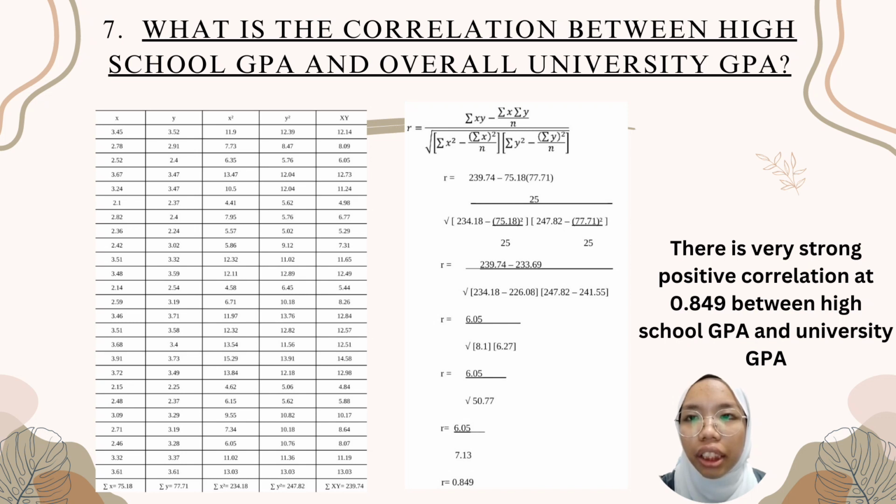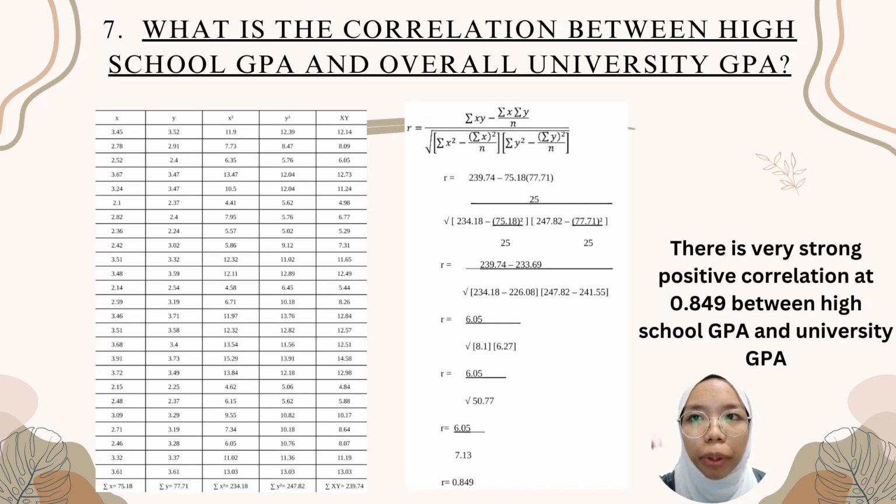And R equals 6.05 divided by root of 8.1 times 6.27. R equals 6.05 divided by root of 50.77, and then R equals 6.05 divided by 7.13.